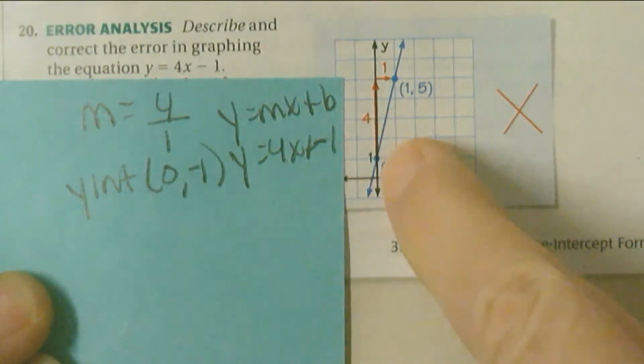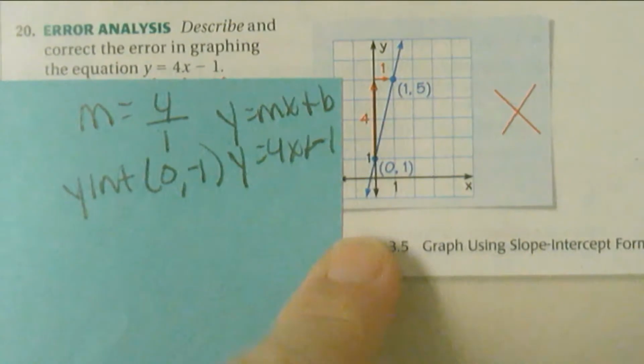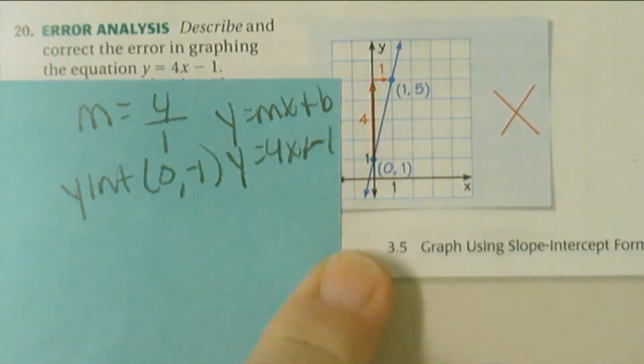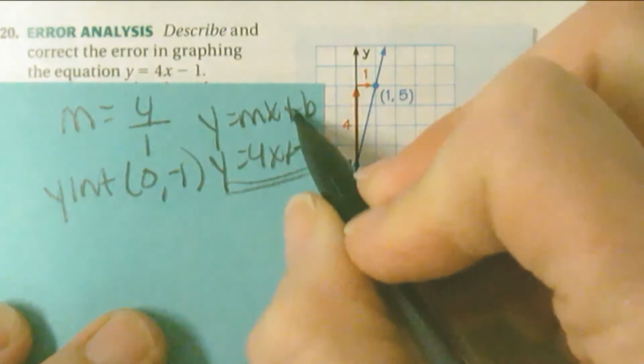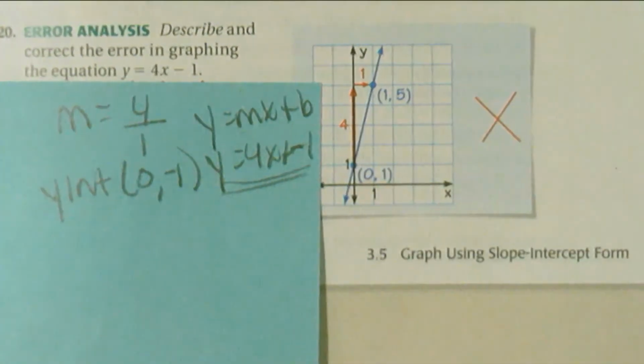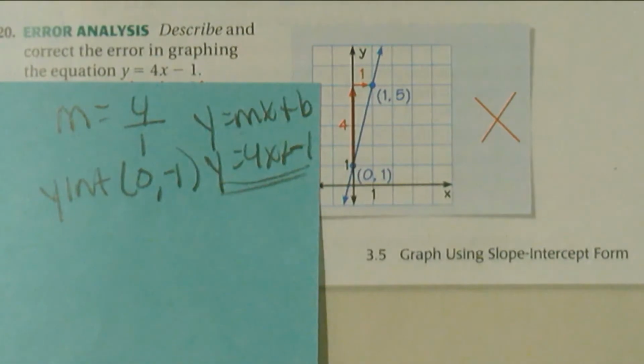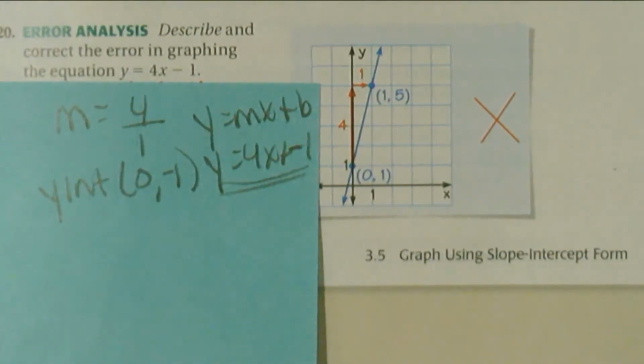Well, when they did their graph, they used a positive 1. So their error was they forgot that the format is y equals mx plus b. To change ours into plus b, it's 4x plus -1. So our y-intercept should have been (0, -1). Does that make sense? Awesome.